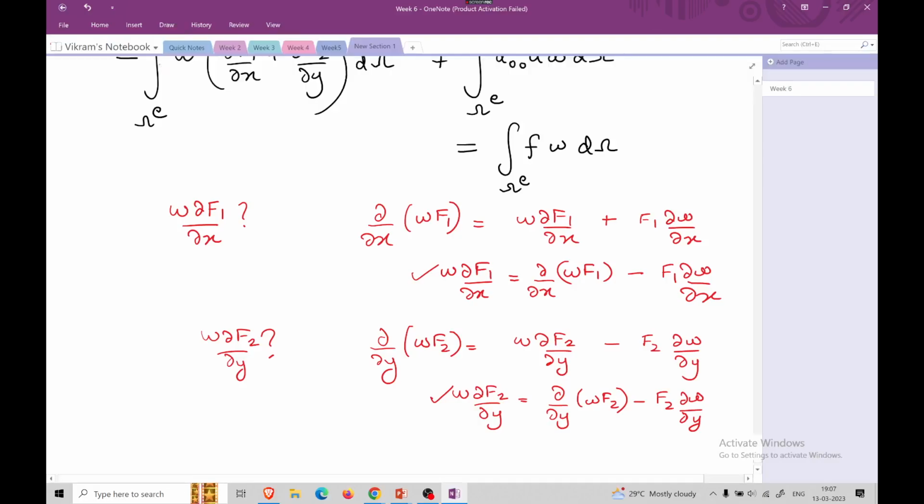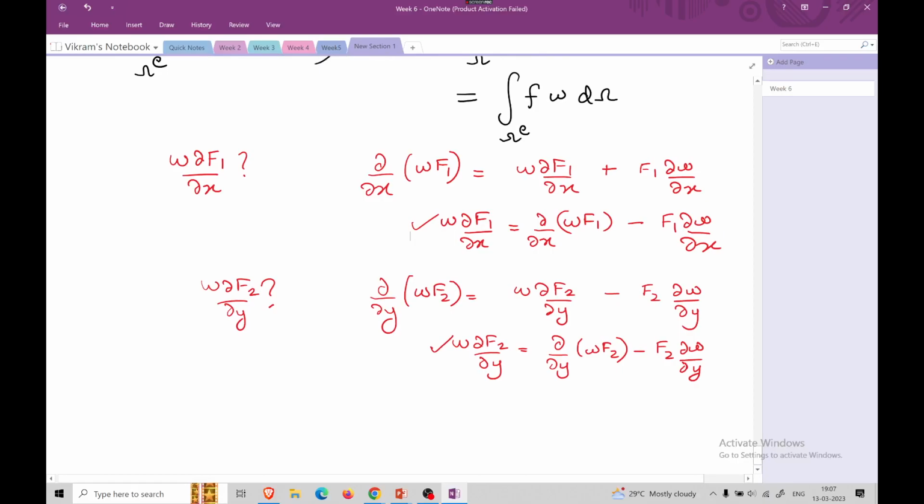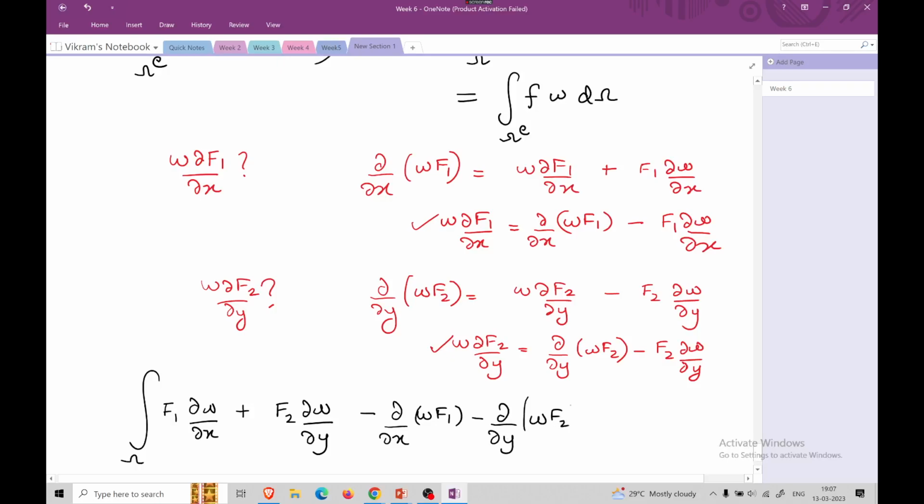I changed back to black now. So what will this become? Minus of w dou f1 by dou x minus of w dou f2 by dou y is going to become simply over the domain f1 dou w by dou x plus f2 dou w by dou y, and this will become minus dou by dou x of w f1 minus dou by dou y of w f2, this whole thing into d omega over the domain.